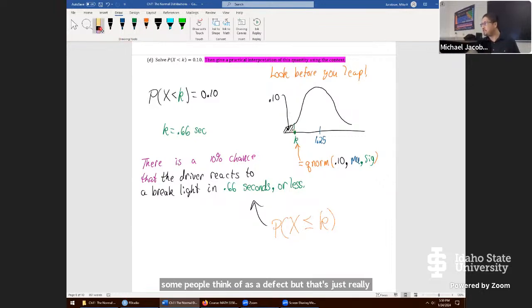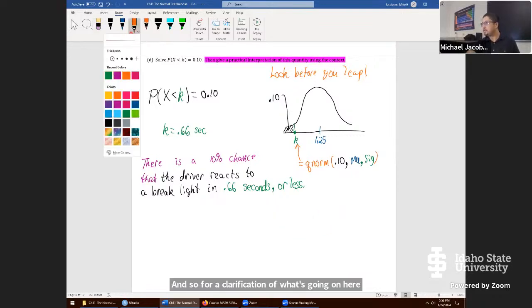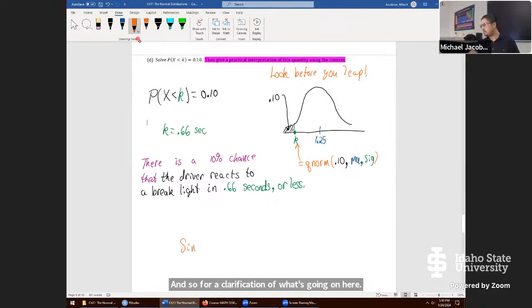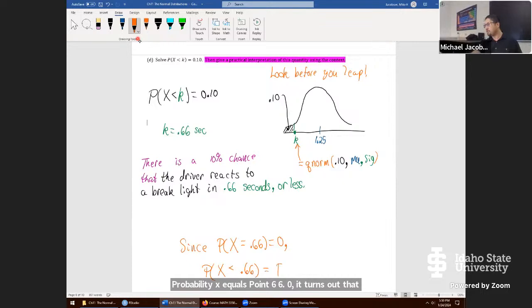And so for a clarification on what's going on here, recall that since probability x equals 0.66 is 0, it turns out that probability x less than 0.66 is just the same as probability x less than or equal to 0.66.